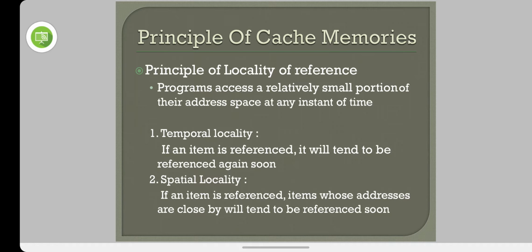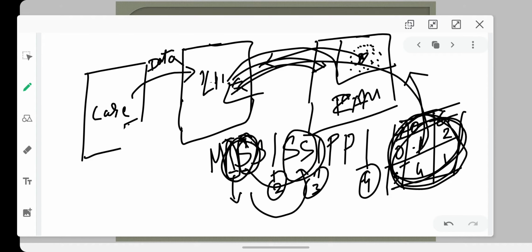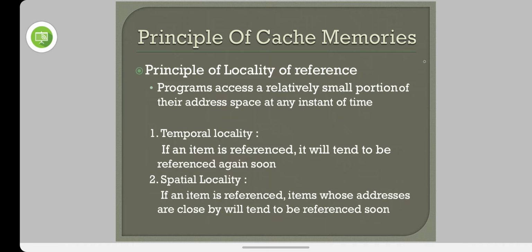If an item is referenced, the items whose addresses are close by will tend to be referenced soon. So along with this particular one, the nearby addresses are also brought to the cache, with the idea that they are also going to be referenced by the processor in the near future. Okay, so these are the concepts on which cache memories are built.